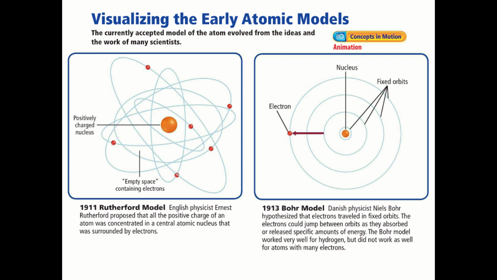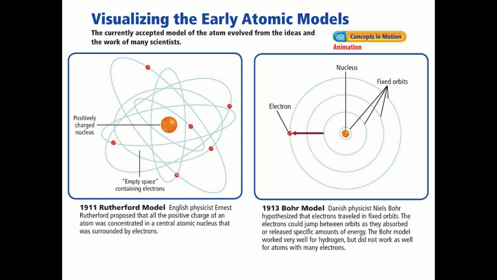So he said that electrons must exist in specific, fixed orbits around the nucleus, and each one of those orbits should have specific energy. He said that electrons cannot exist between those orbits. So an electron could be in the first orbit, or the second, or the third, or the fourth, but it cannot be in between these two orbits.